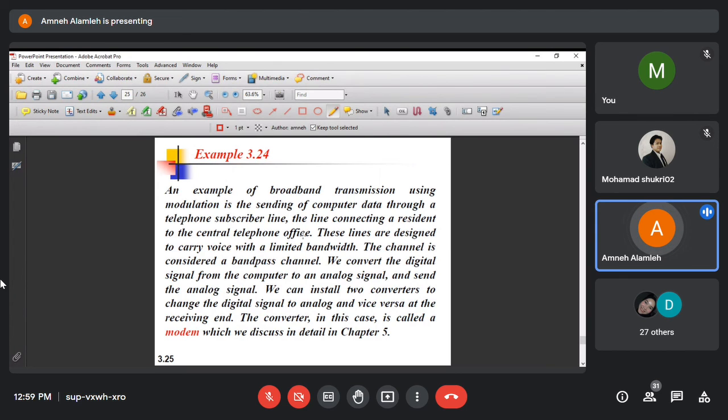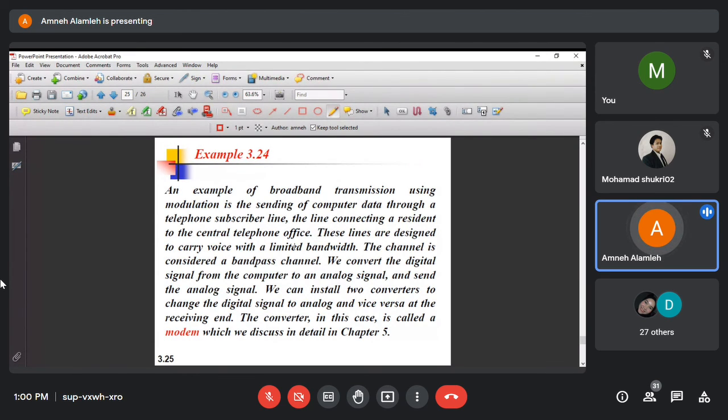Before cellulars and before wireless communication, we were using the telephone subscriber line to connect to the internet or to connect to devices through the internet through the central telephone office.